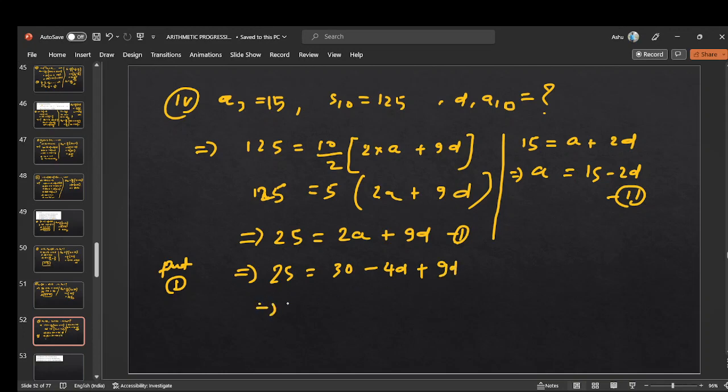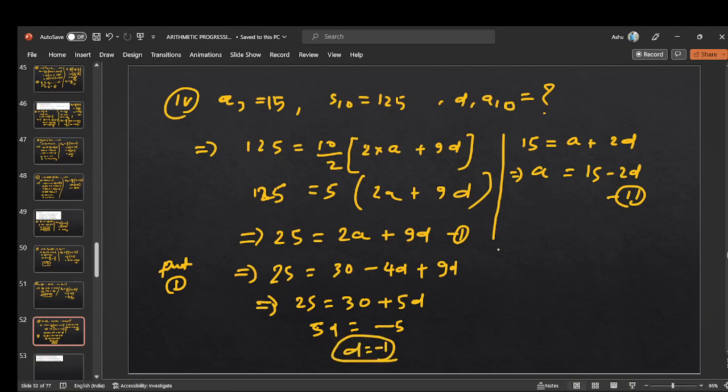Then we get 25 equal to 30 plus 5D. Clear? Then 5D equal to 25 minus 30, that means minus 5, and D equal to minus 1.